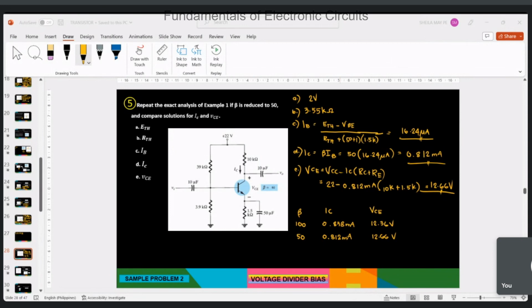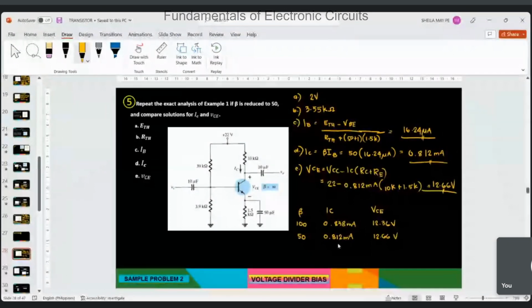Okay, going back. For this table, class, from our first example, beta is 100. We have IC of 0.838 milliampere and VCE at 12.36 volts. Now for the second example, we narrowed the beta down to 50, and we get 0.812 milliampere, and for VCE, that's 12.66 volts. You can see there is not much difference, only in the decimal places. In our whole numbers, we don't have any changes, right?